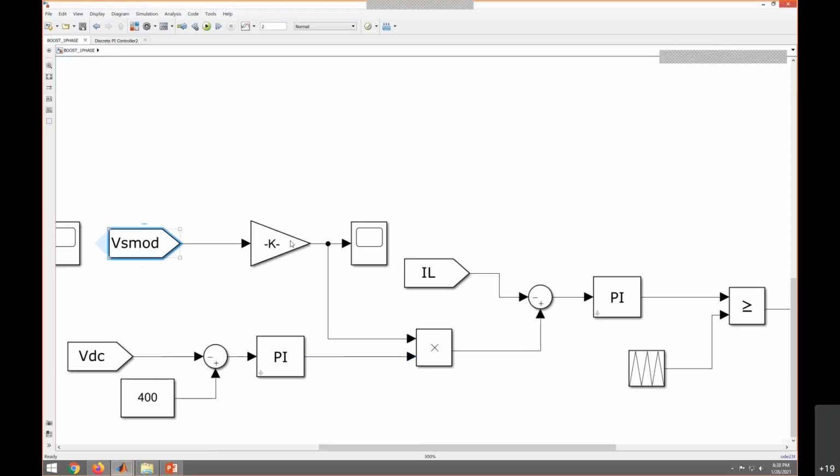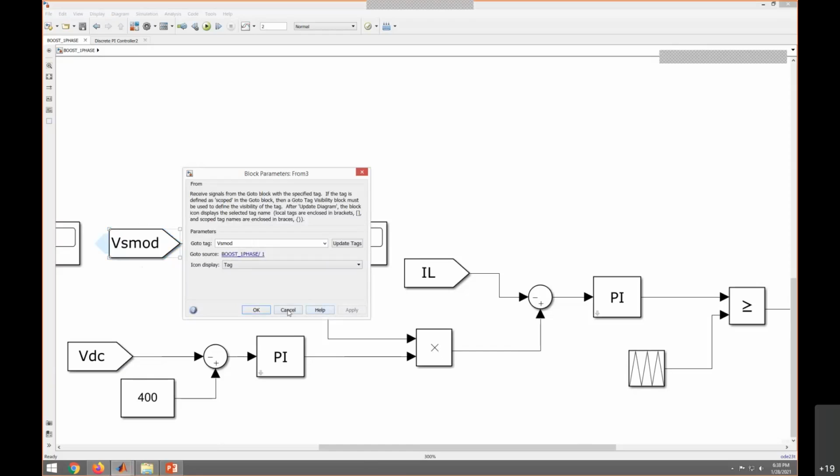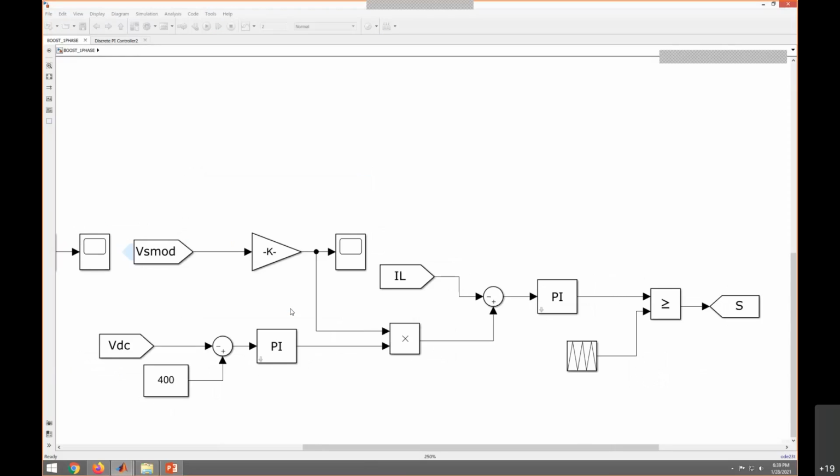I divided with this Vm max, and after that I multiplied here. So this generates the current reference I maximum. This is the reference inductor current.